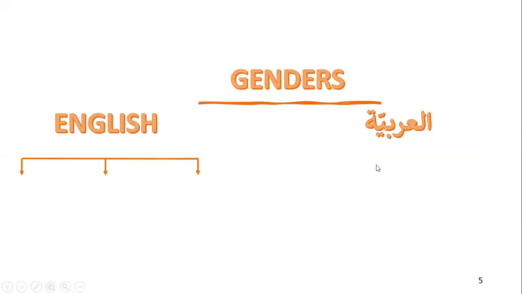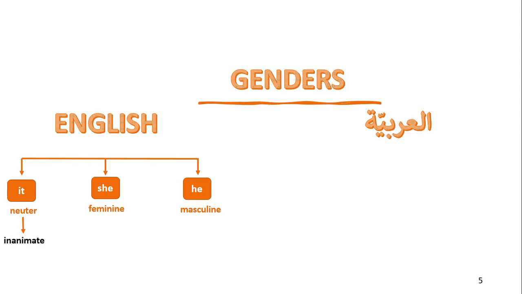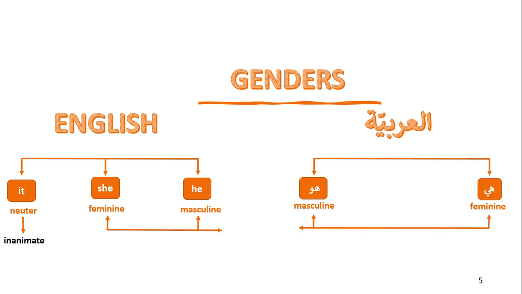Now let's look at this. In English we have he and she, masculine and feminine, and it, which is used for neuter, inanimate objects which do not move, basically non-living, mostly. But in Arabic, you only have huwa, masculine, and hiya. She and he, hiya and huwa, are used for gender in humans and animals, the natural female and masculine genders.